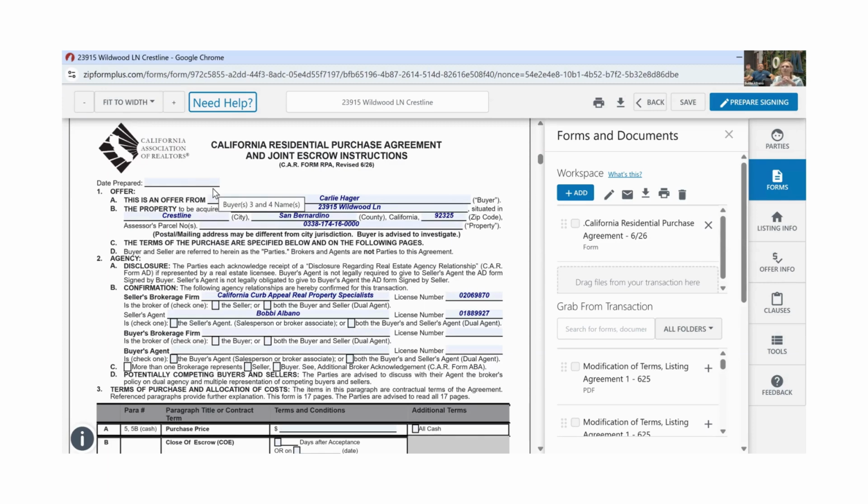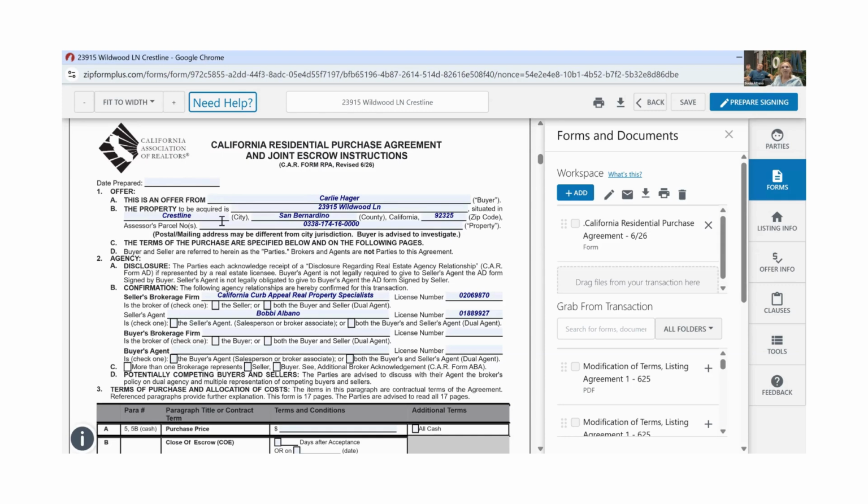It doesn't have to do with the number of days, the contract days. It more has to do with identifying this offer from an offer that was written yesterday or tomorrow.